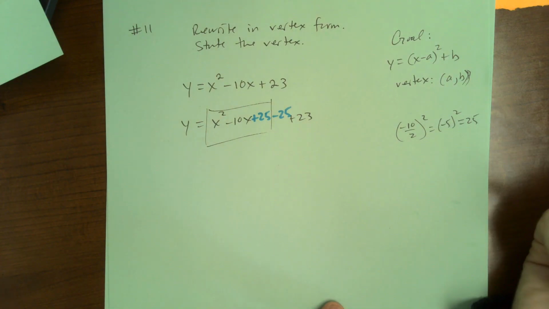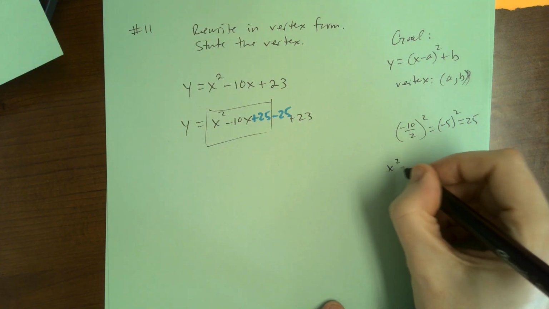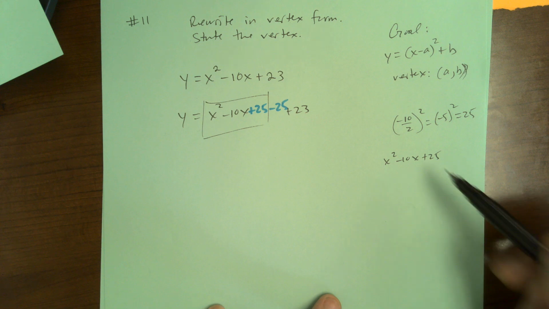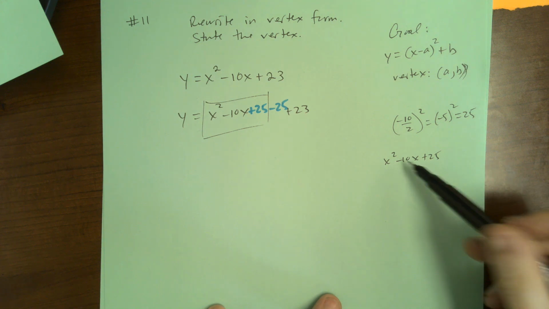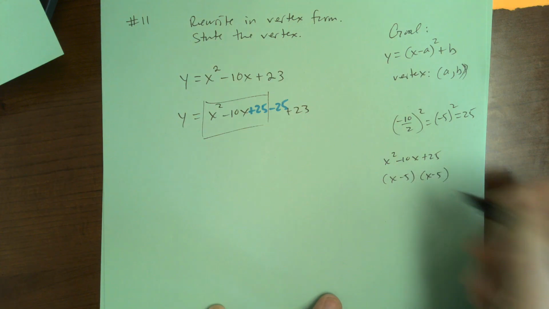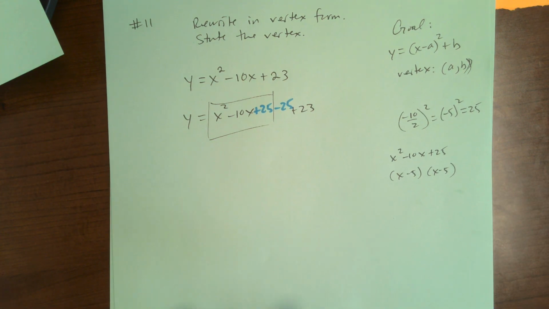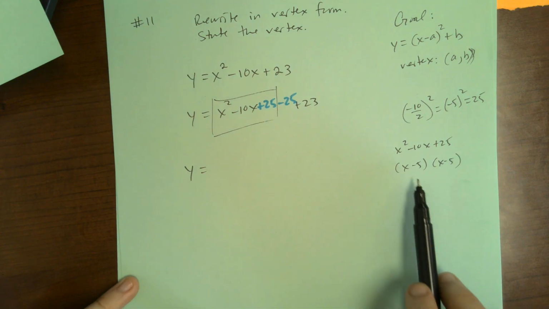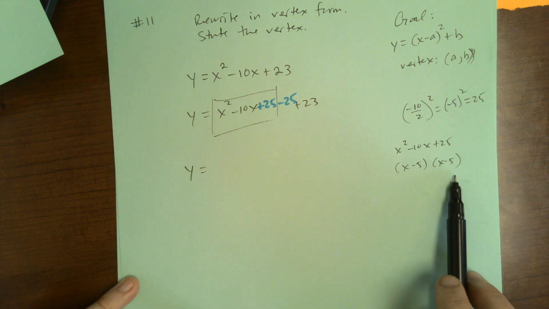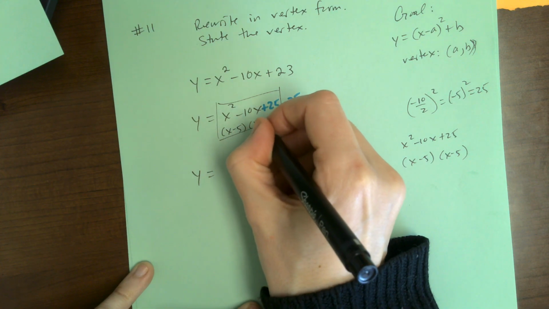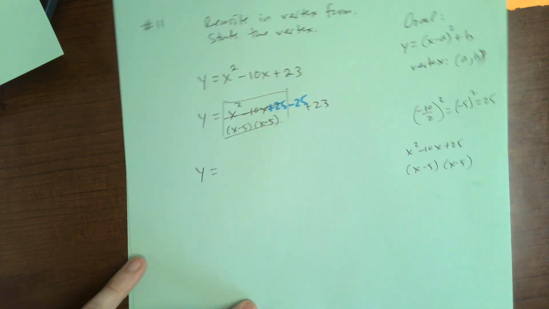You could do it off to the side if you want, but I've got x squared minus 10x plus 25. Two numbers that multiply to make positive 25 but add to make negative 10: that's x minus 5, x minus 5. So this trinomial in factored form is this. You could write x minus 5 squared and cross out that old thing.